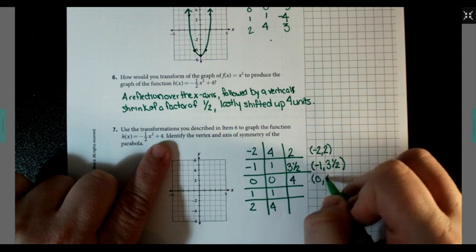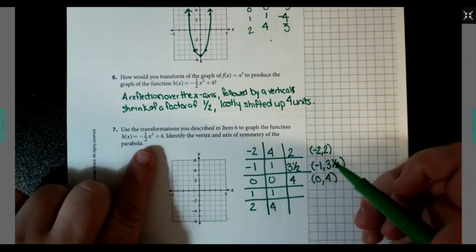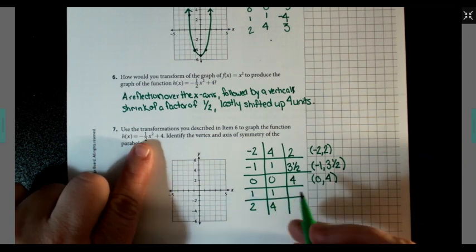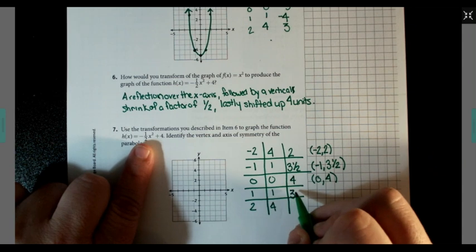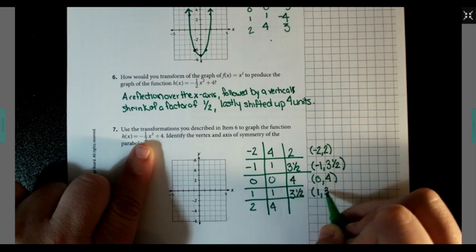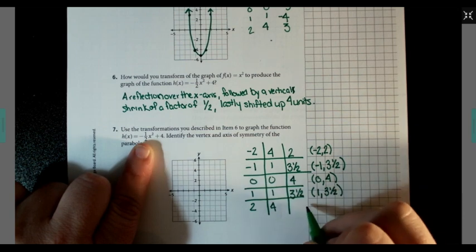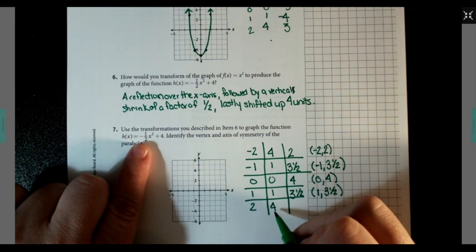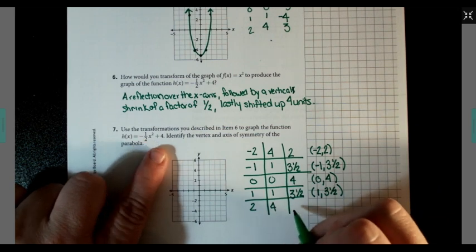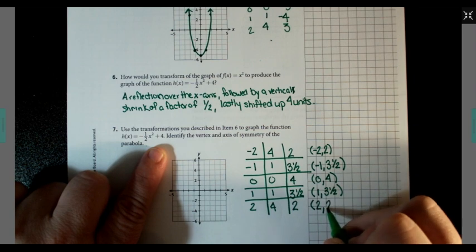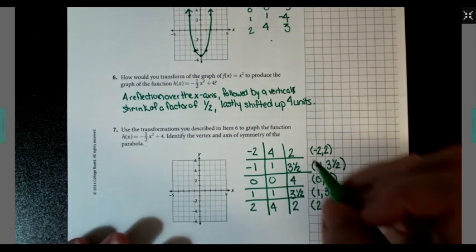So it's going to be 0, 4. We've got 1 times -1/2 is -1/2. Plus 4 is 3.5. So this is going to be 1, 3.5. Lastly, we have 4 times -1/2, so that's -2. Plus 4 is 2. So this ordered pair is 2, 2.